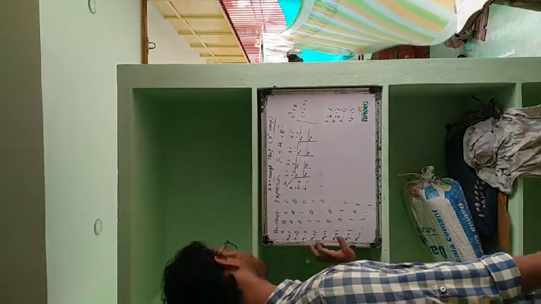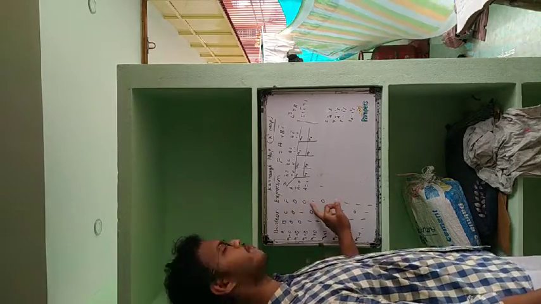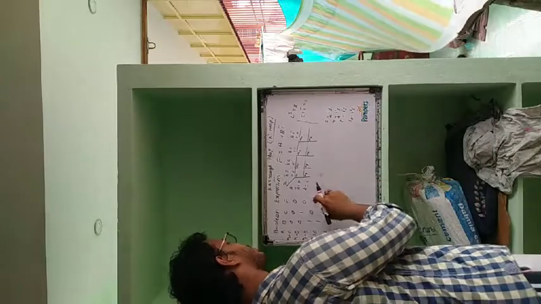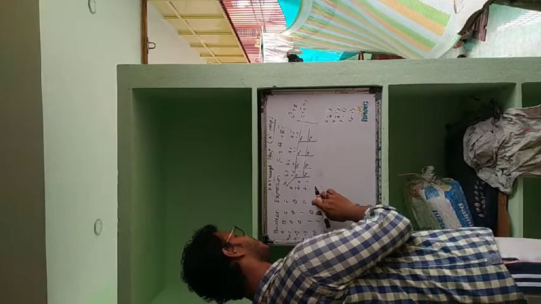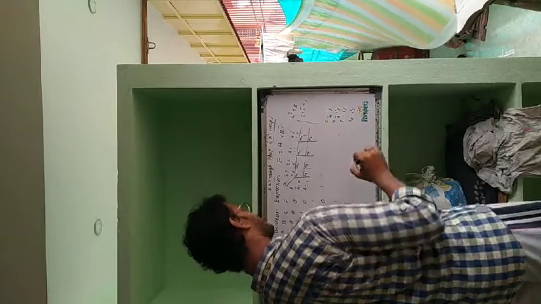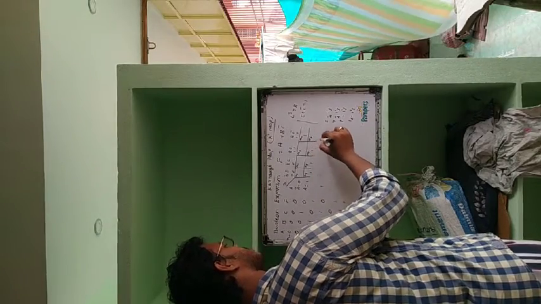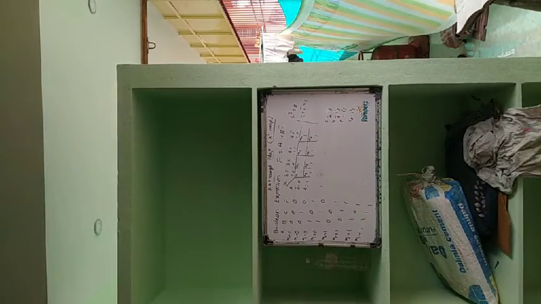So if you see this, we have to write where the function is high: where m2 is 1, m4 is 1, m5 is 1, m6 is 1, m7 is 1.